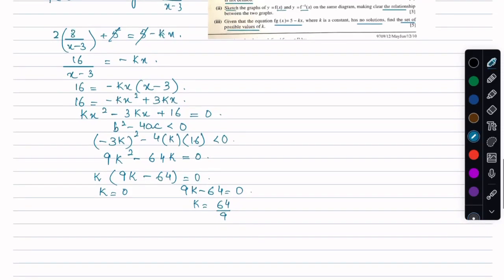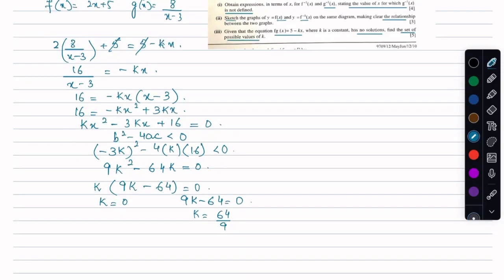We need the set of possible values of k for this to hold. What I know here is that it needs to be less than 0, and we are getting two values: k equals 0 and k equals 64 by 9.